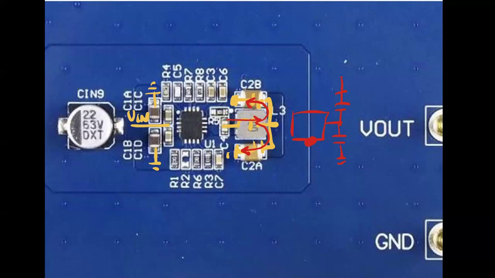So what happened? The output filter is here and the input filter is here. It's one close to the other. The difference in emissions is really impressive compared with this one. It's close to being the same PCB. But one of the differences between them is that here the input voltage is here and the output voltage is here. Sorry.